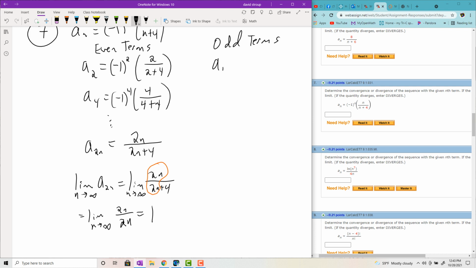A sub 1 is going to be (-1) to the first power times 1 all over 1 plus 4.